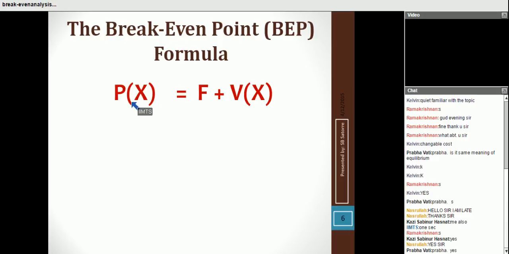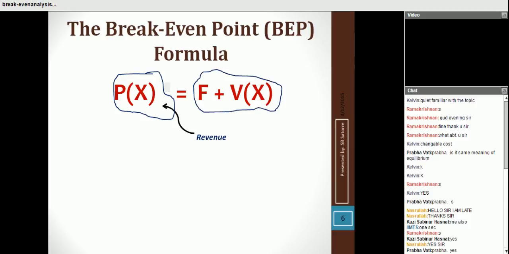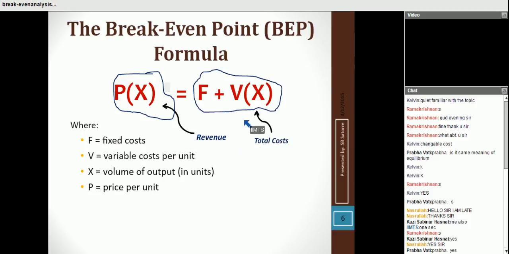Where Px is the break-even point or the revenue, and F plus Vx is the total cost, or F we can say is the fixed cost, V is the variable cost per unit, and X is the volume of the output in units, and P is the price per unit.